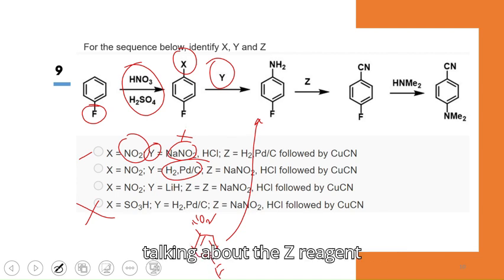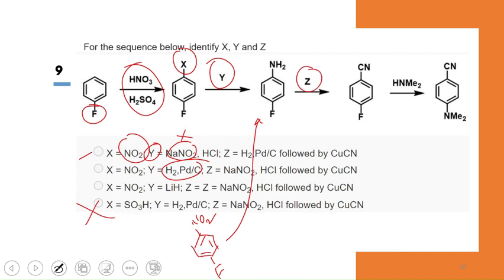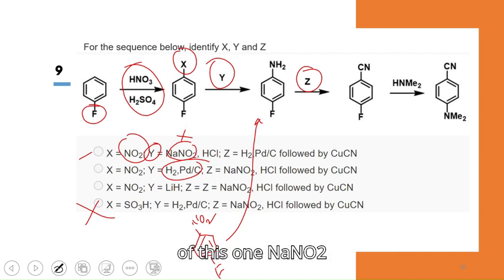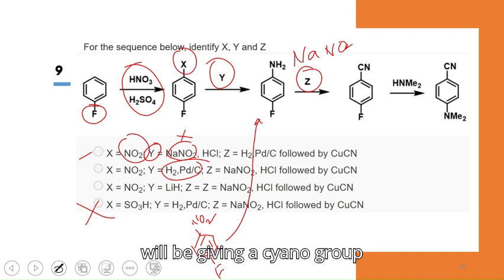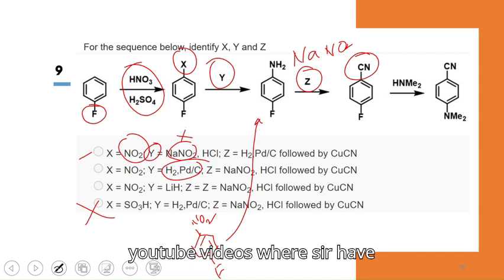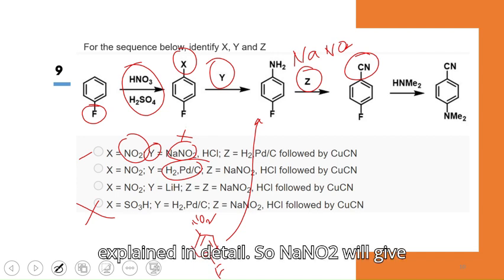Now talking about the Z reagent, what is Z reagent? In this case, NaNO2 will give a cyano group as a product. You can see the slides of the YouTube videos where sir has explained in detail.